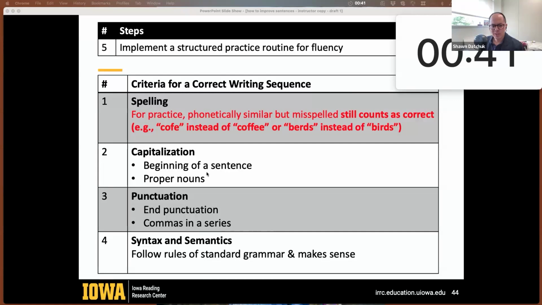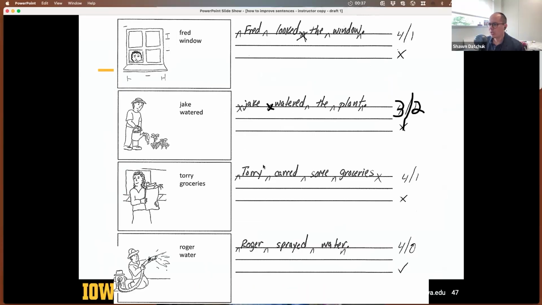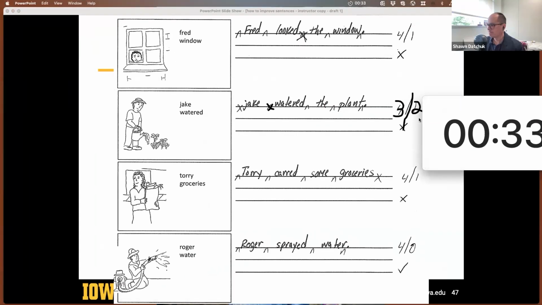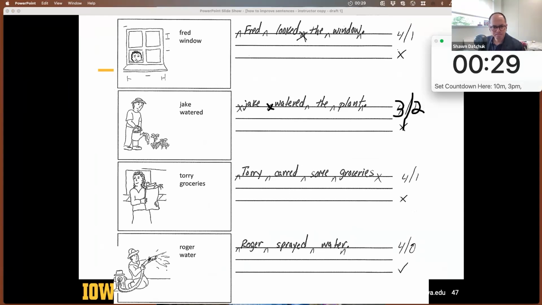Okay, it's okay if you haven't finished scoring those, but I'm going to bring up the scores that I had. And I'm going to talk through my scoring here in about 20 seconds.